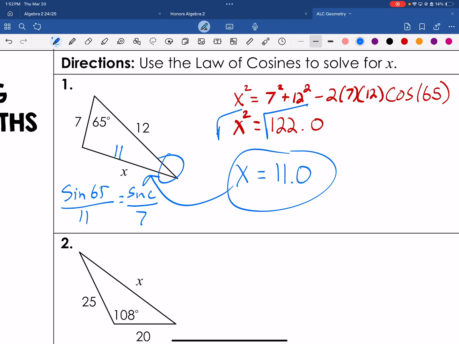You're not going to have to do that today. But we could, and then I find the measure of that angle and subtract it from 180 to get the third one. So really, you use the law of cosines once and then you use the law of sines. But we're just working on the first part of this today, not that second part.